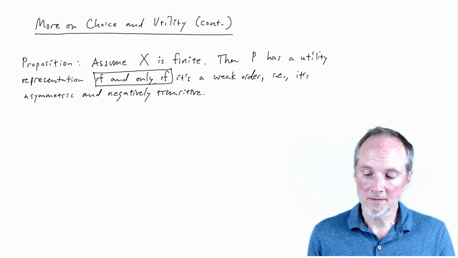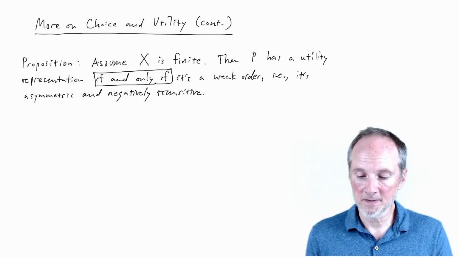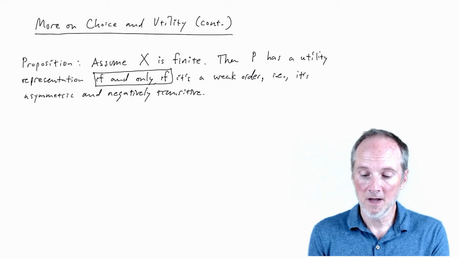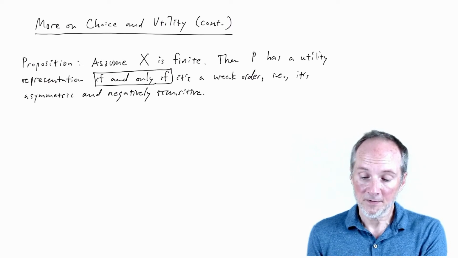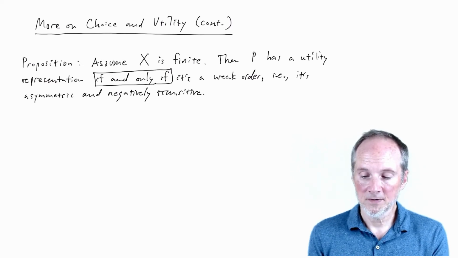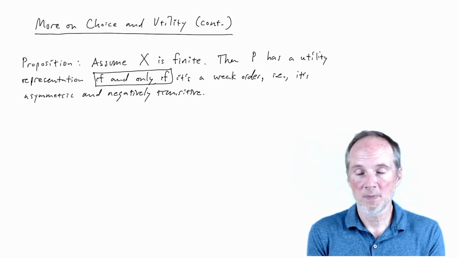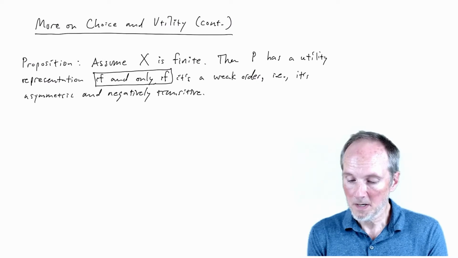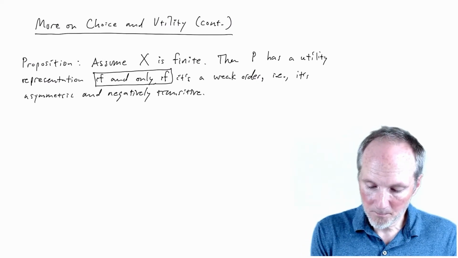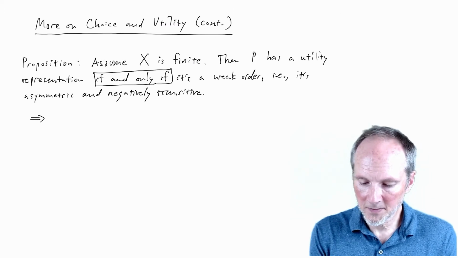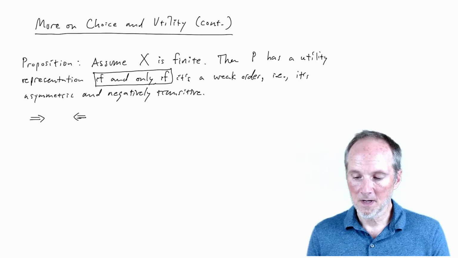So it's important to understand when a preference relation has a utility representation. This proposition, for the case of a finite number of alternatives, gives us a complete understanding, and it just boils down to preferences being a weak order. Because this is an if and only if, you can think of it as two logical conditional statements.